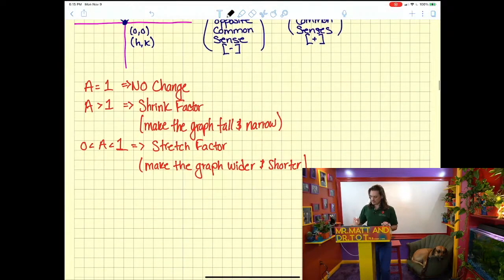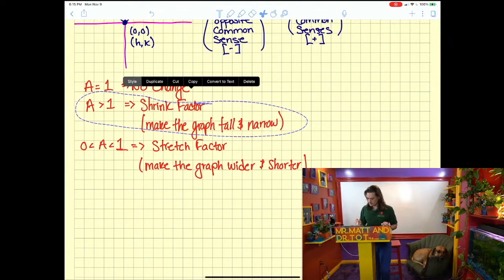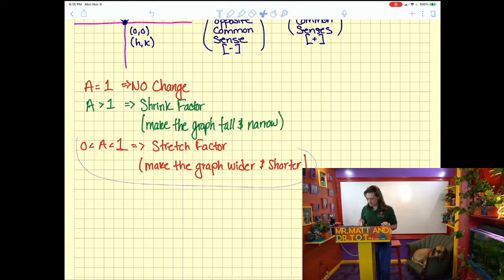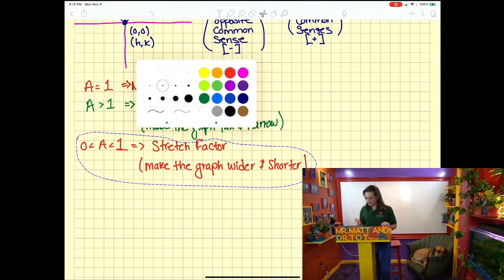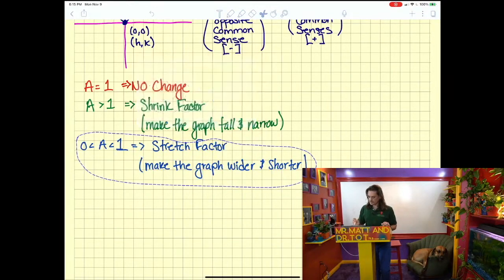So for example, let me change these into different colors. Let me make this one green, and I'll make this one blue. So let's just look at this.